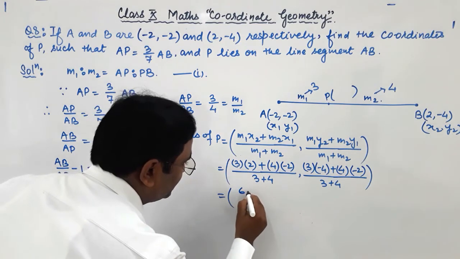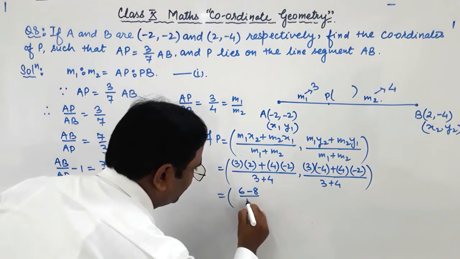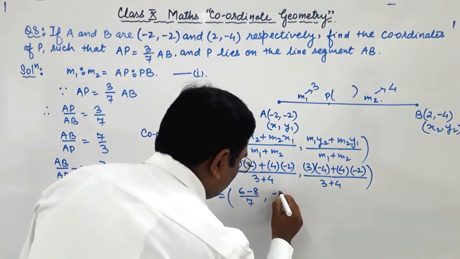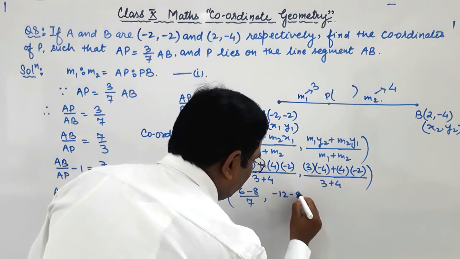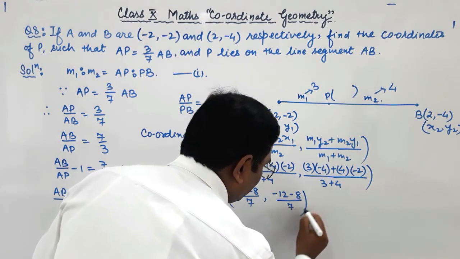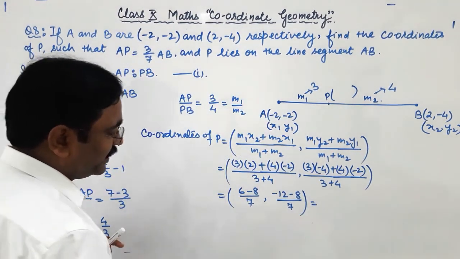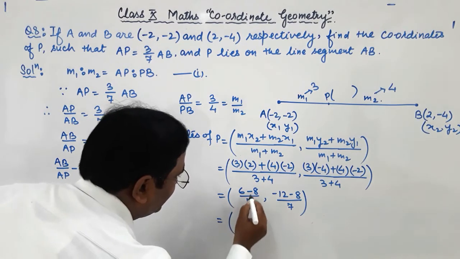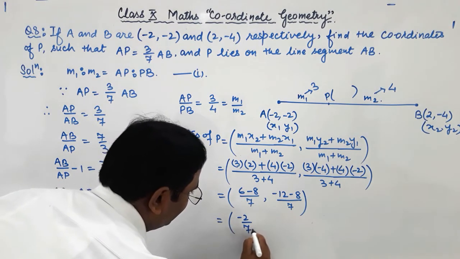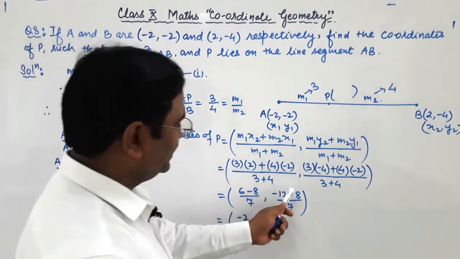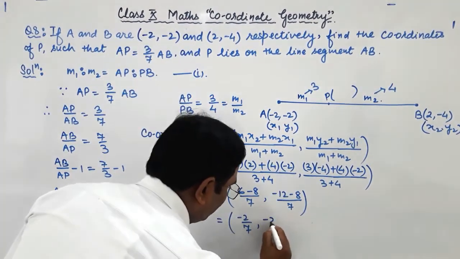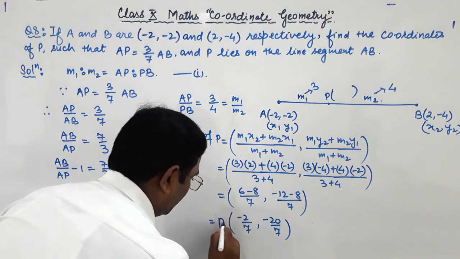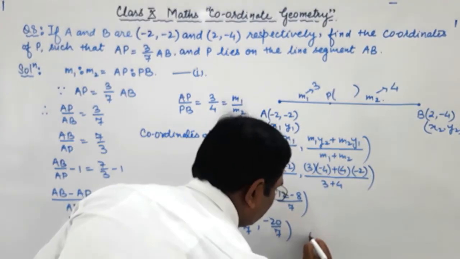You will get 3 2s are 6 minus 4 2s are 8 upon 7, and this, minus 3 4s are 12 minus 4 2s are 8 upon 7, which equals minus 2 upon 7, and minus 8 minus 12 is minus 20 upon 7, are the coordinates of this point P. This is your required answer.